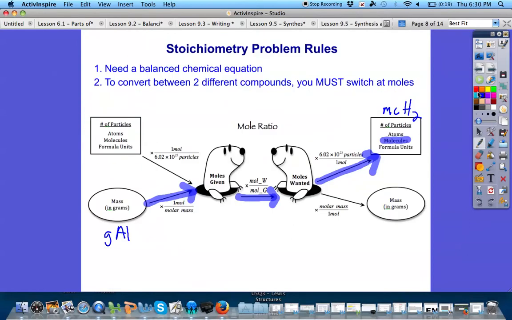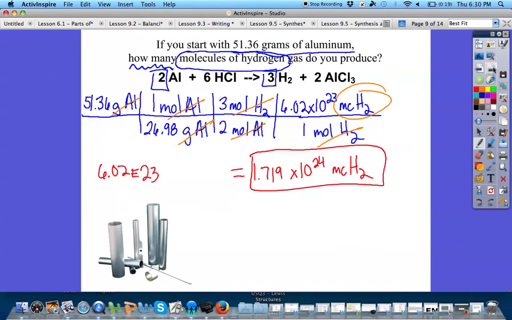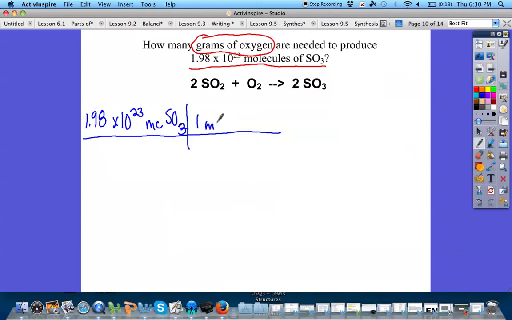Take a look back. We're going to use that Stoich map again. We're here at molecules, so we need 1 mole over 6.02 times 10 to the 23rd molecules. And then we are going to need our mole to mole ratio to get away from moles.